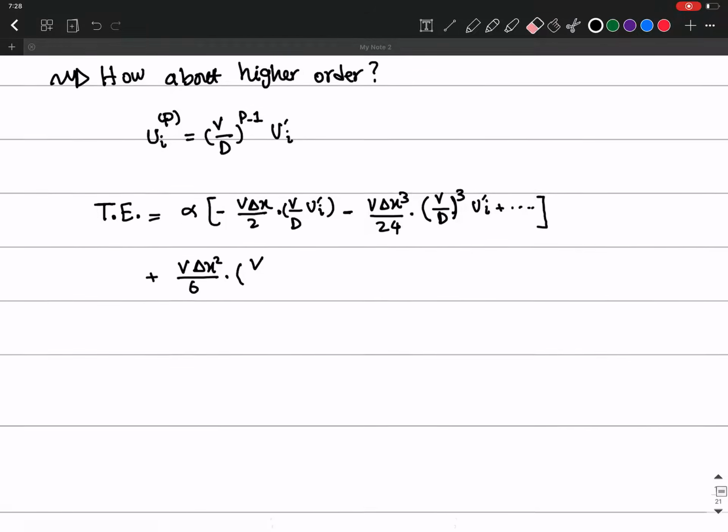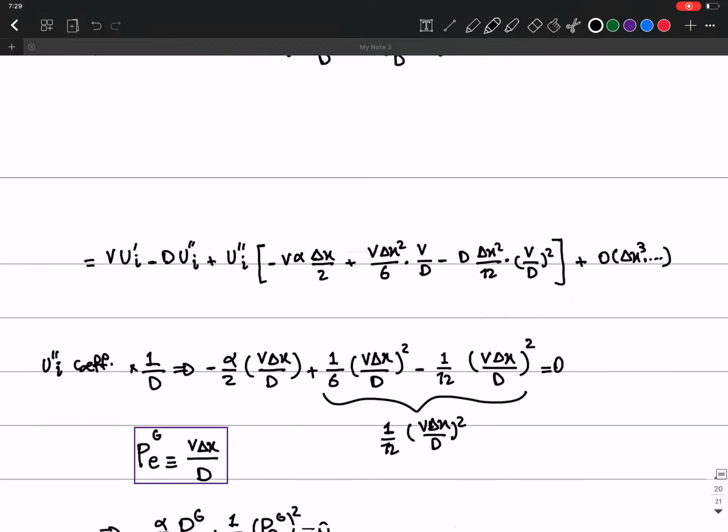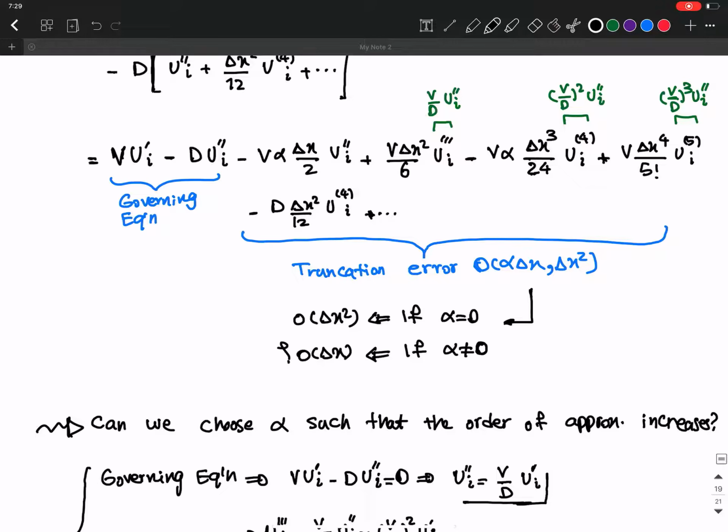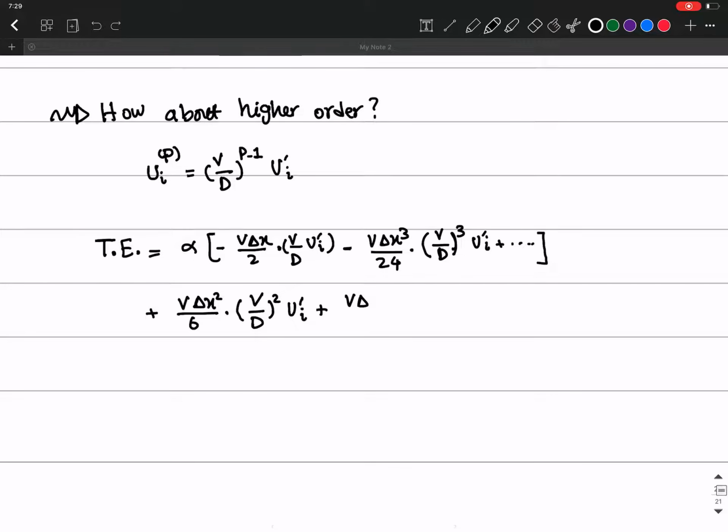Yeah, it is U triple prime, so it's going to be V over D squared U prime I plus, the next term is going to be this term, which is V delta x to the 4 over 5 factorial times V over D to the power 4 of U prime I, plus other terms.